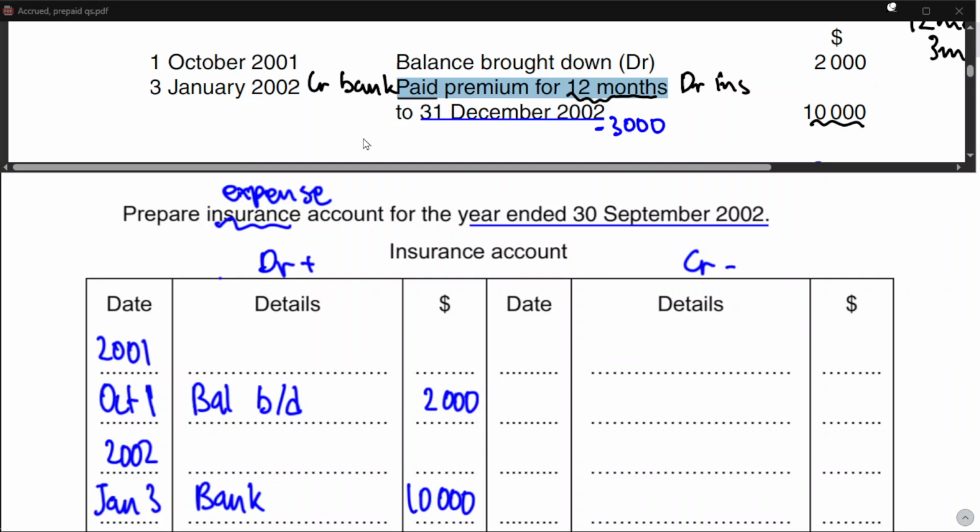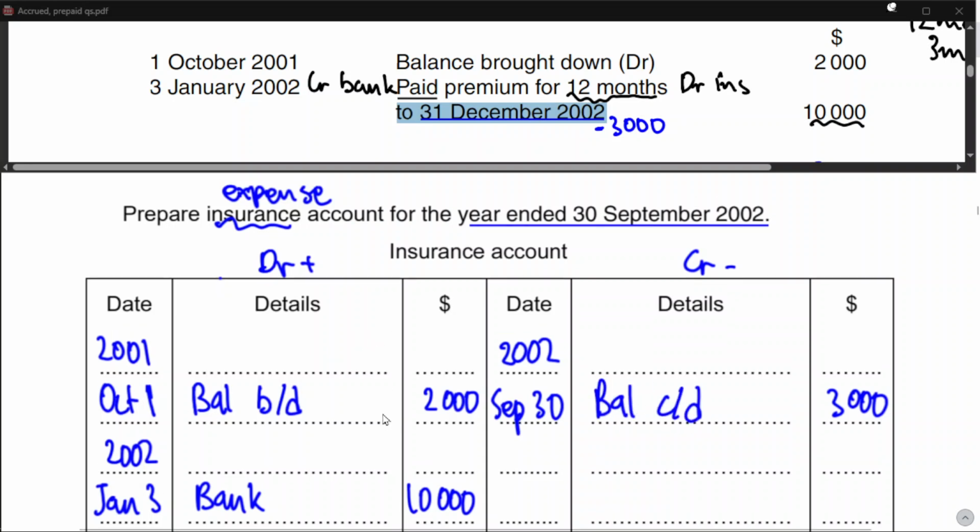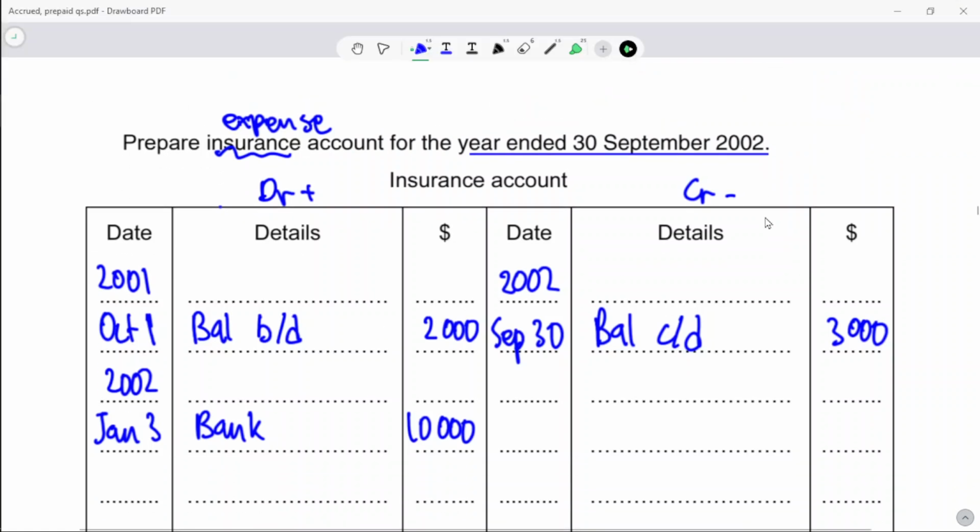And the third line, minus 3,000, minus 3,000. So this one is a year end, so we balance CD. So let's close the account.